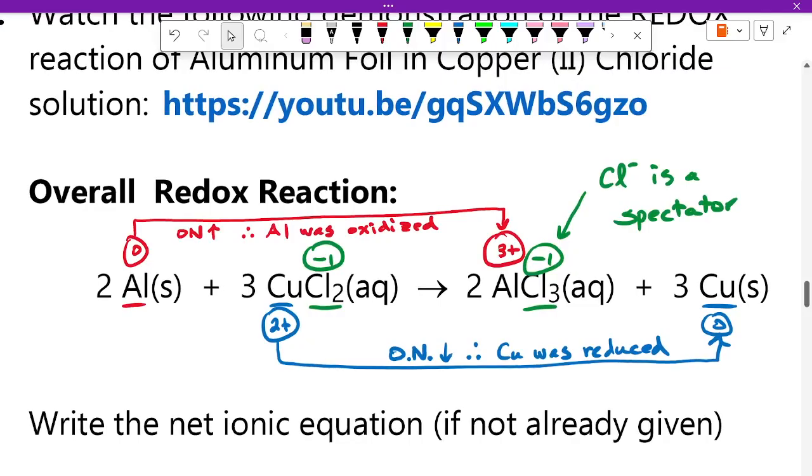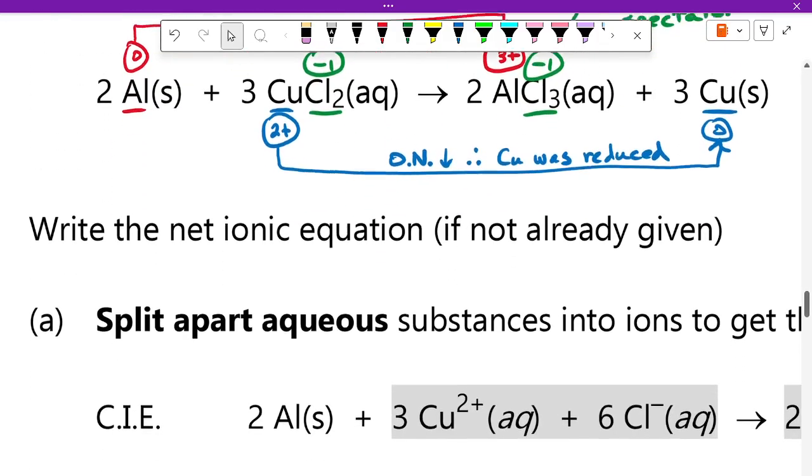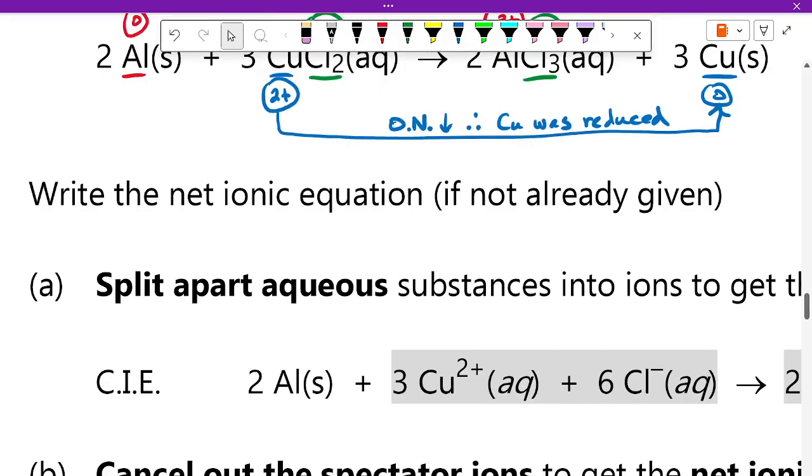So to write the half reactions in here, first thing we need to do is write the net ionic equation. You can go straight to the net ionic equation if you can see that the chlorides are the spectator ions, or you can go through the complete ionic equation, the CIE.